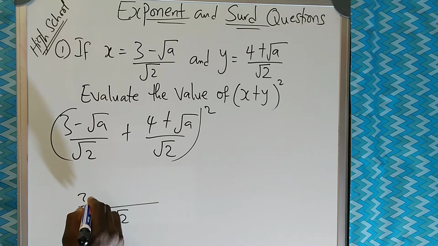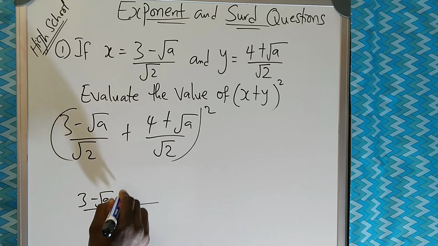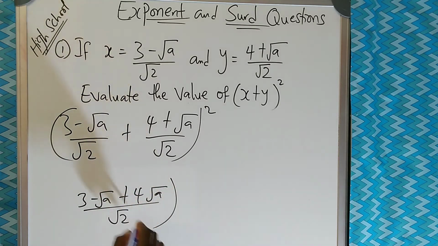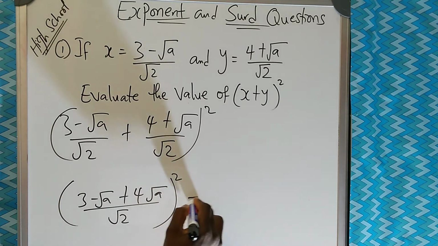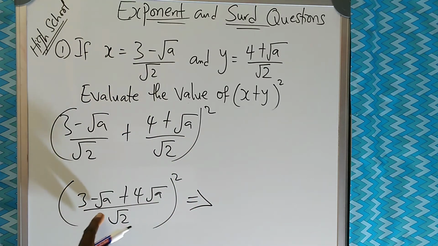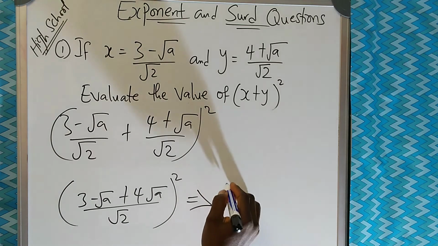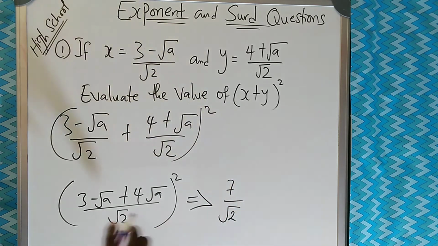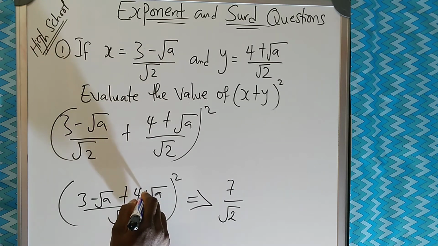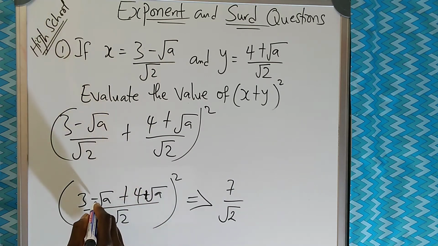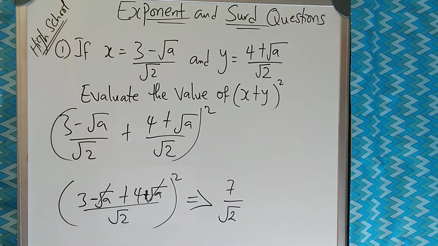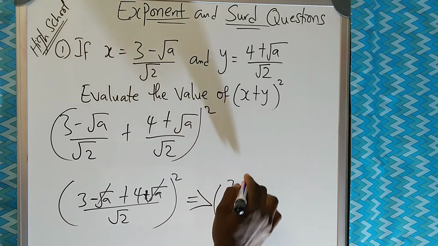Then we have 3 minus root a plus 4 root a, and everything is going to be squared. When we simplify it, we have 3 plus 4, which is 7, over root 2. Our root a is eliminated because we have minus root a here and plus root a here. So we are left with this altogether squared.